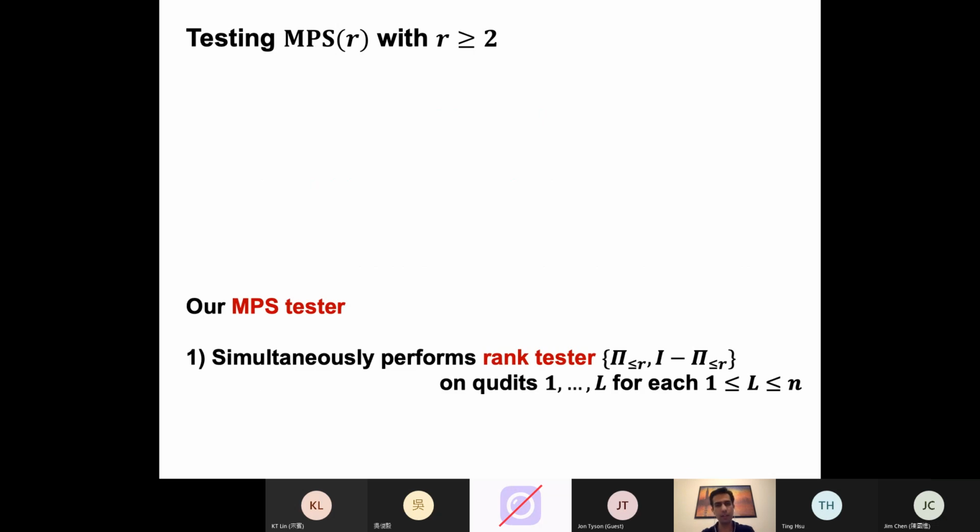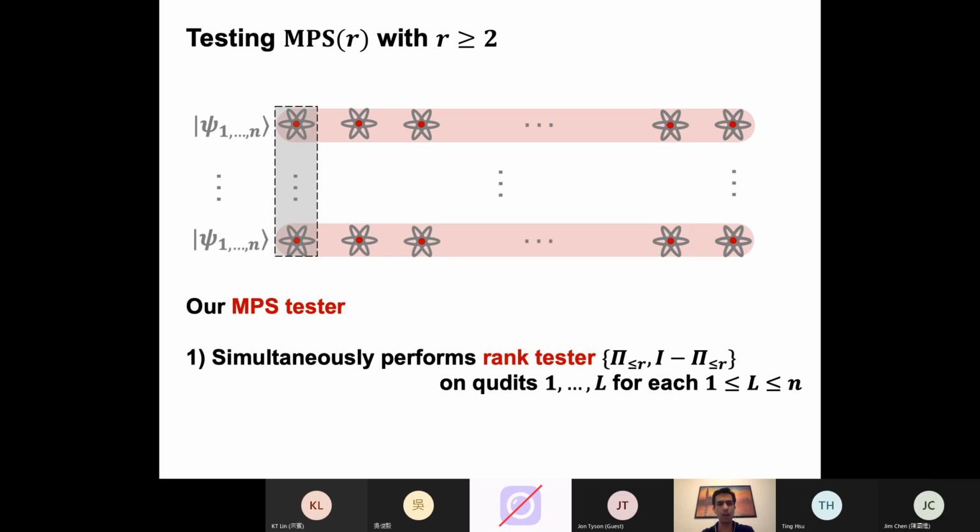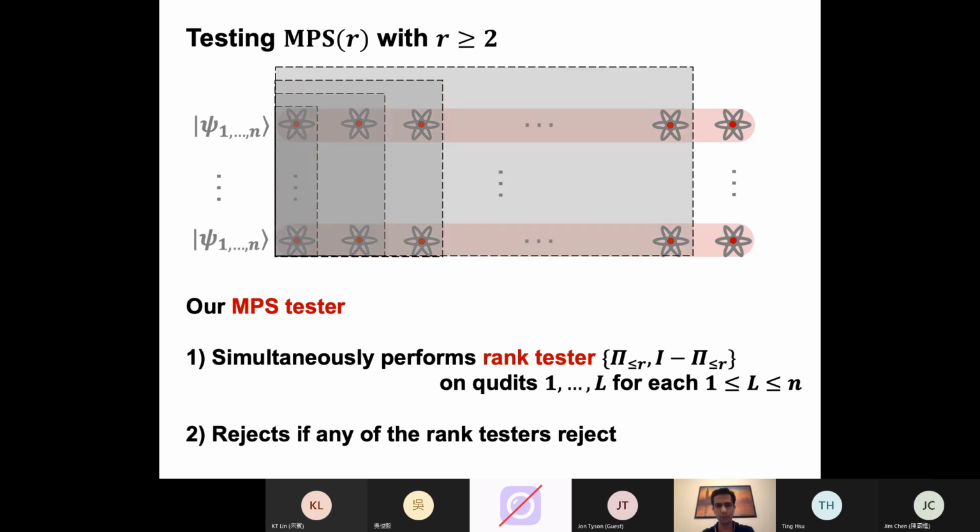It's a natural extension of the result to the states with n qubits. And the way it works is that it simultaneously performs the rank tester that I just told you about, first on the first qubit and its copies, then on the first 2 qubits and their copies, and so on. At the end, the MPS tester will reject if any of these rank testers reject or will accept otherwise.